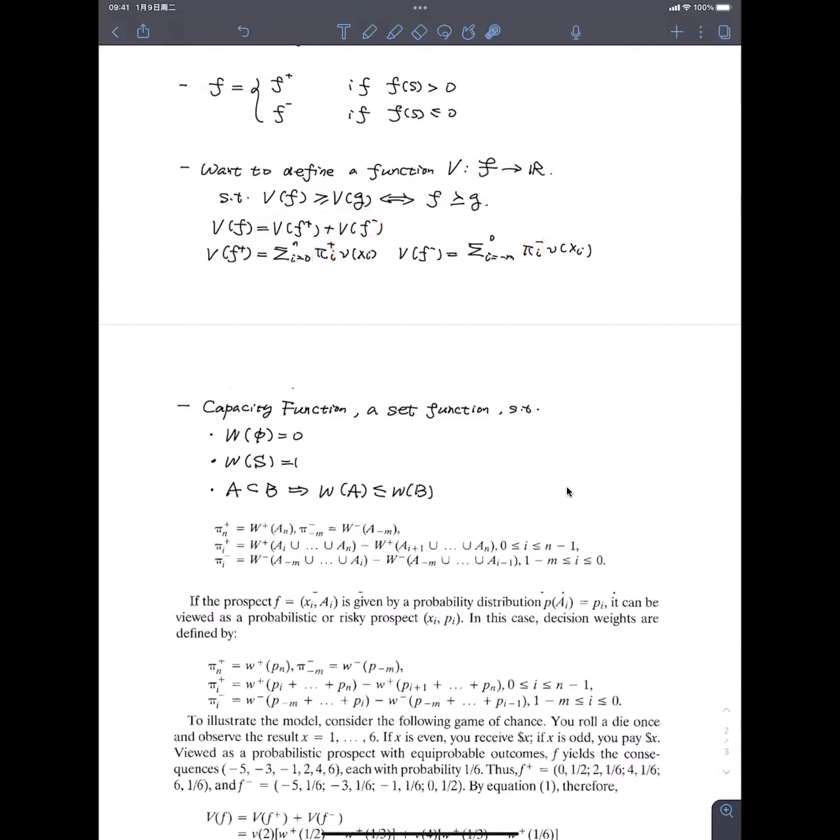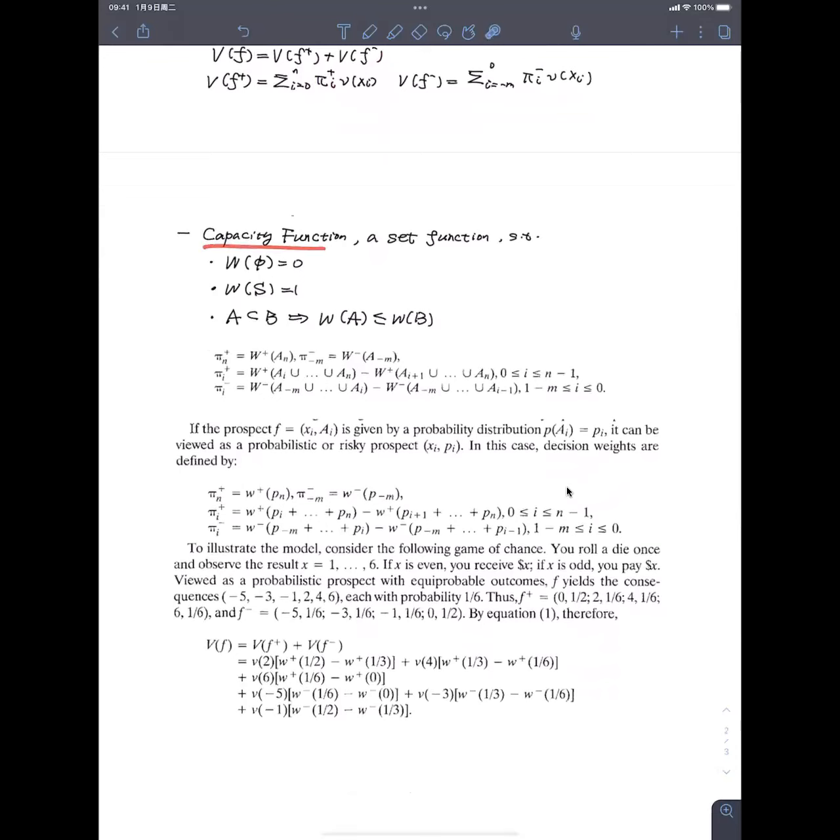The methodology we use is called the capacity function. The capacity function is a set function that assigns a real number to different sets of events. For different events that happen, we want to measure the marginal contribution of a specific event, and we use that marginal contribution as the decision weight.